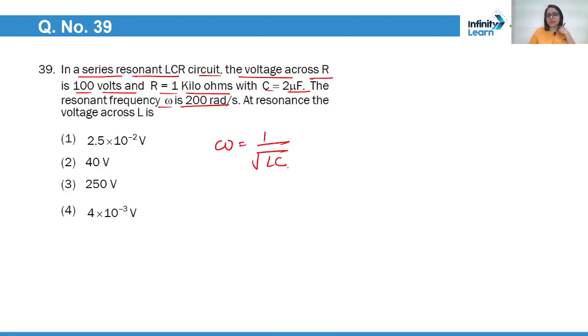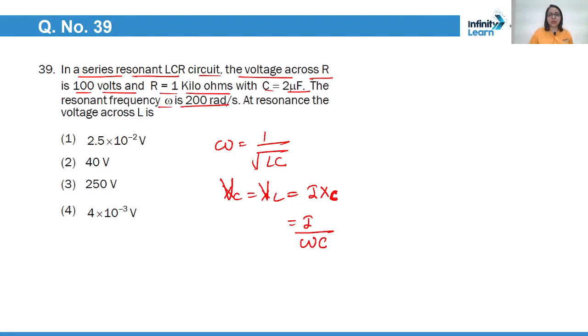But at resonance, the potential difference across the capacitor is equal to the potential difference across the inductance. So VC equals VL, which is equal to I into XC, where XC is 1 upon omega C. So this is the value of the potential difference across L.